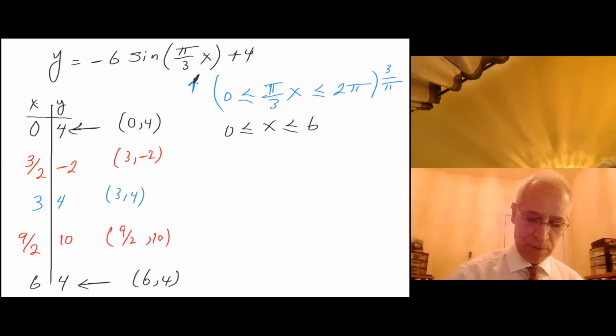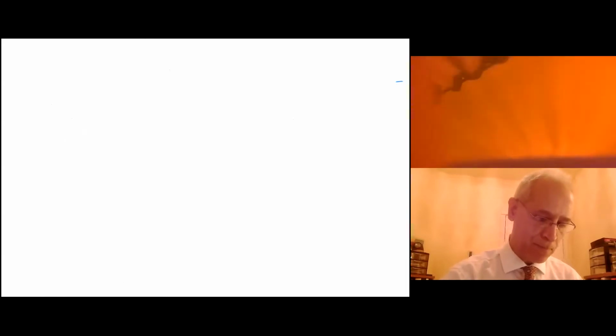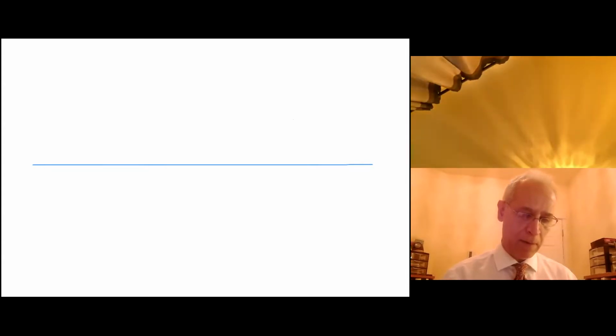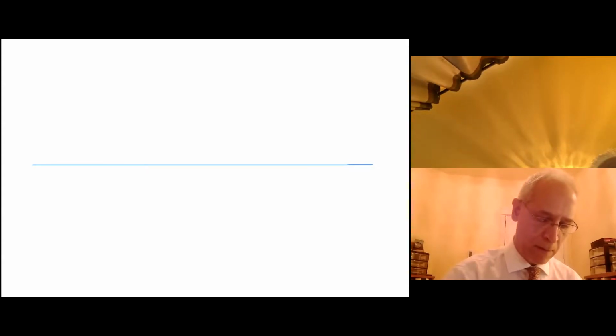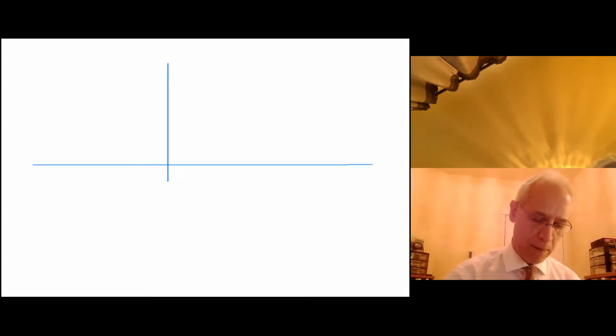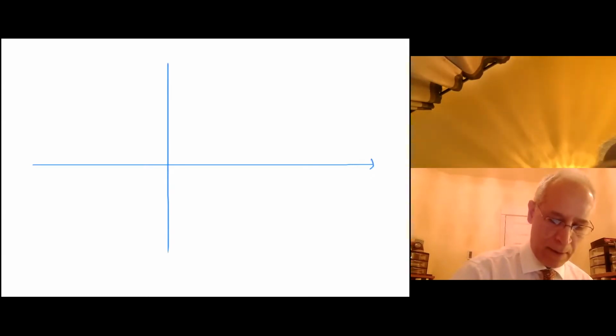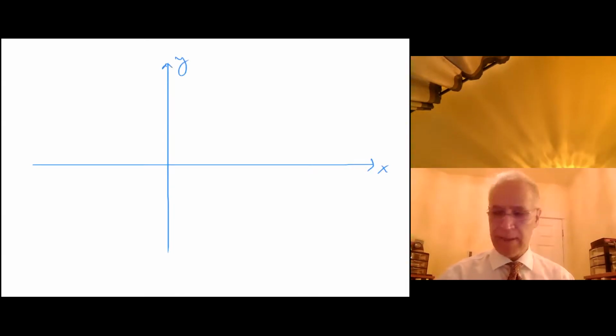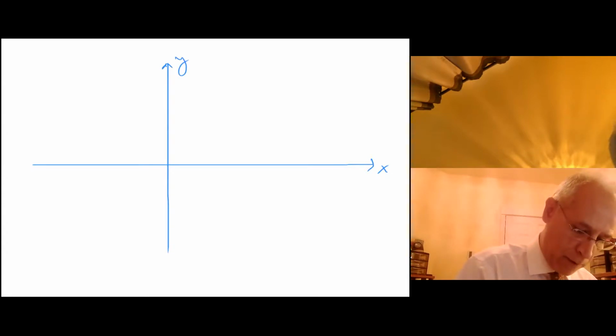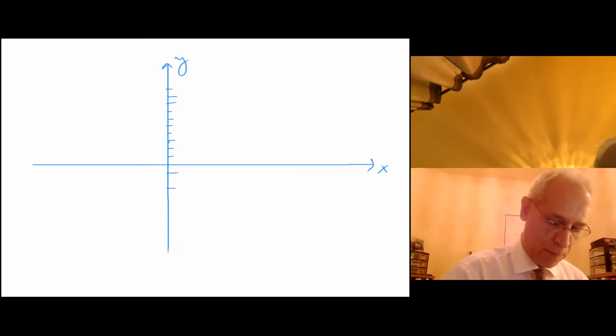So let's go to the next page. Okay, x and y. Let's say that I need 1, 2, 3, 4, 5, 6, 7, 8, 9, 10, and 1, 2, 3, 4 in one direction, and 1, 2, 3, 4, 5 in the other. That should be good enough.